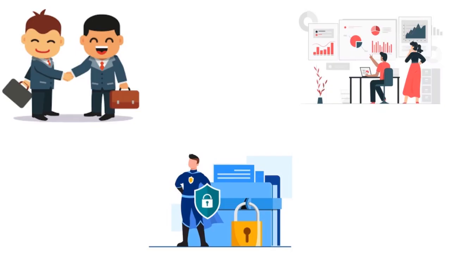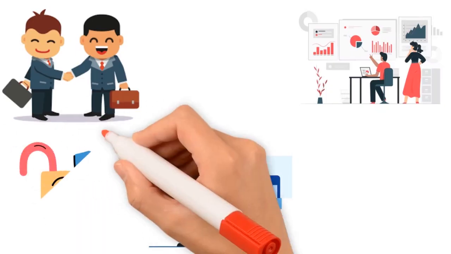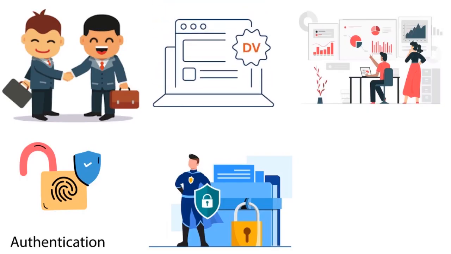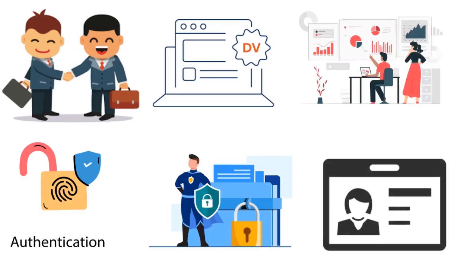So organizations can opt for business level authentication TLS SSL certificates, okay, at three levels. You have the DV, the OV, and the EV. The DV, the domain validation certificates, are the most basic TLS SSL certificates that require the organization to prove that it controls the given domain name but don't confirm the identity of the organization.